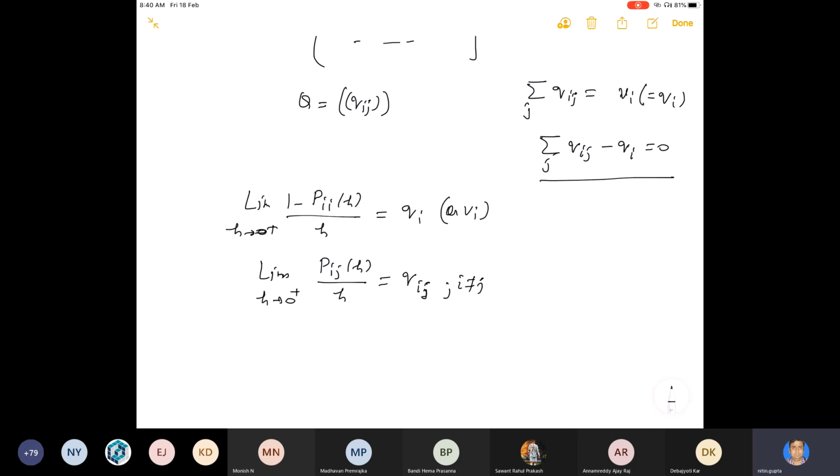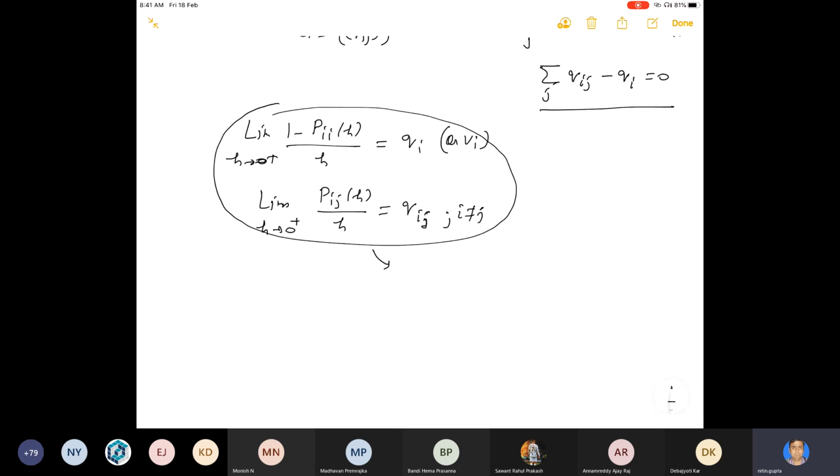Okay, so using these two, we can easily write down that limit.